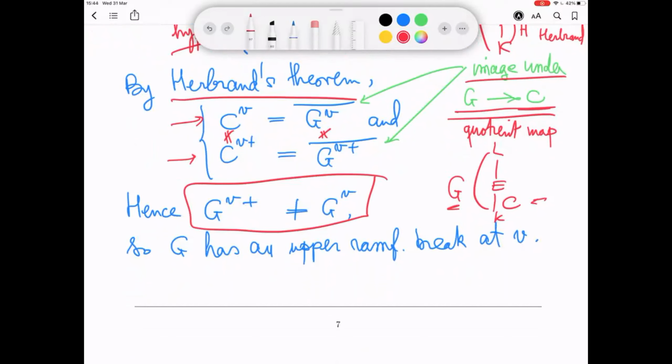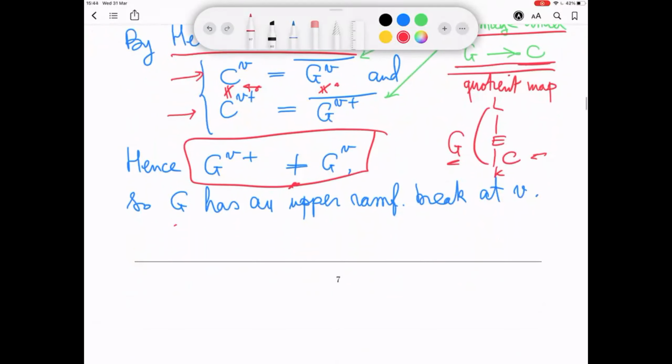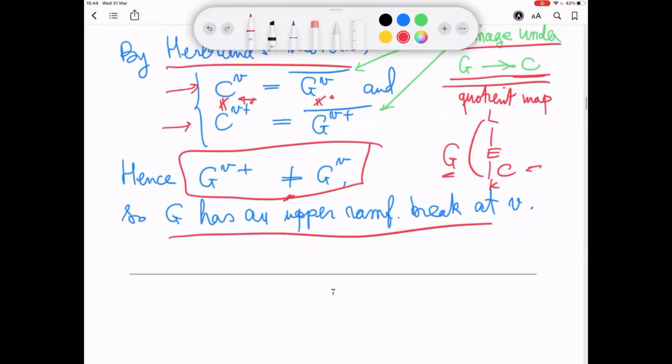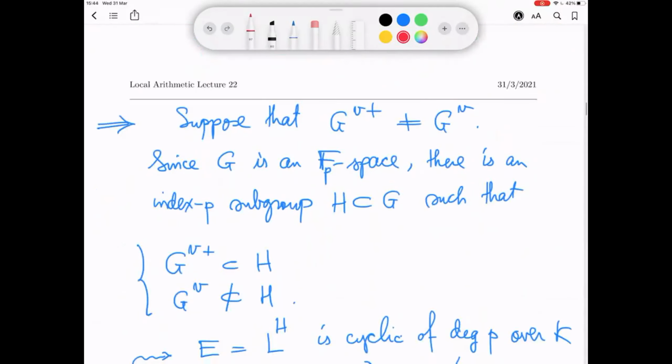For if you had equality here, you would have equality here, and therefore equality here. But you don't have equality here by hypothesis, right? So G has an upper ramification break at V because this happens. That is the proof. That's the easy direction.